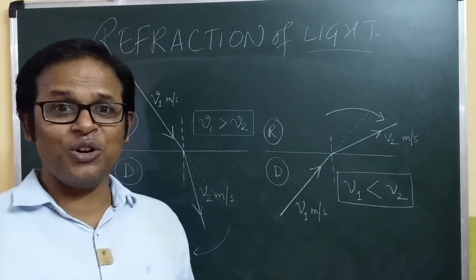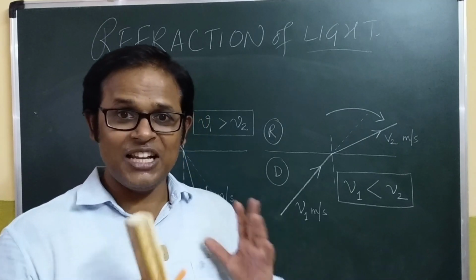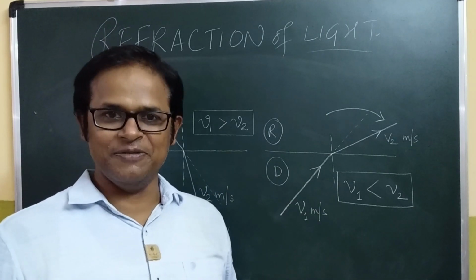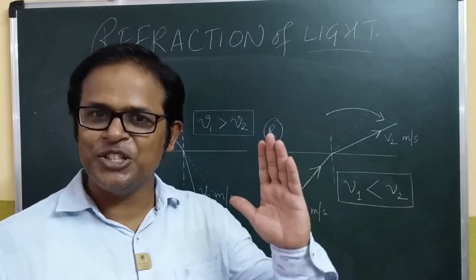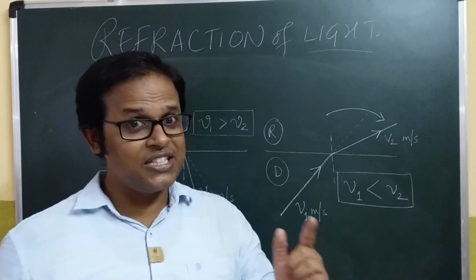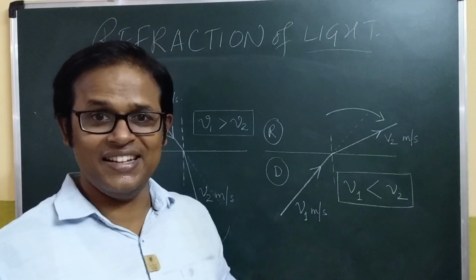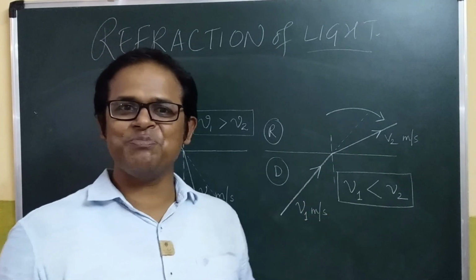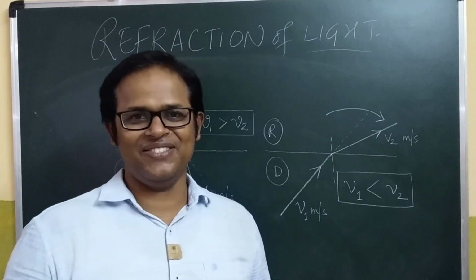So hence we can conclude from today's class what we have learned: that as light propagates from one transparent medium into another transparent medium, the speed of light changes due to the change in optical densities of the medium, which in turn changes the direction of propagation of light. Hence, light refracts and thus gives us beautiful illusions which we get to see in our day-to-day life.